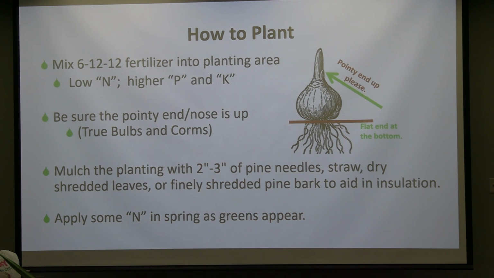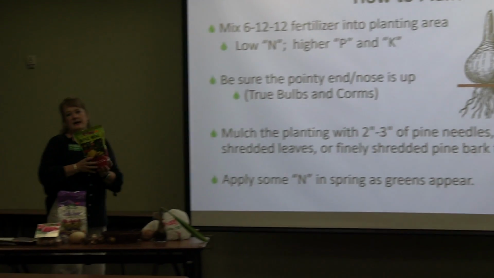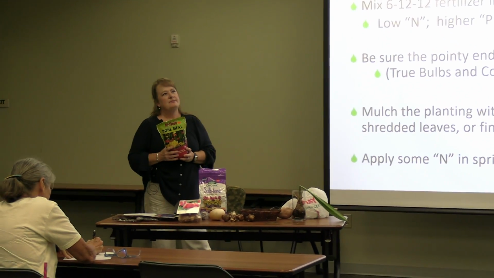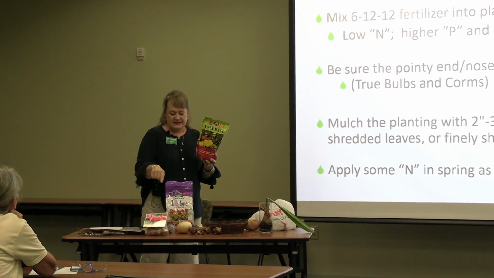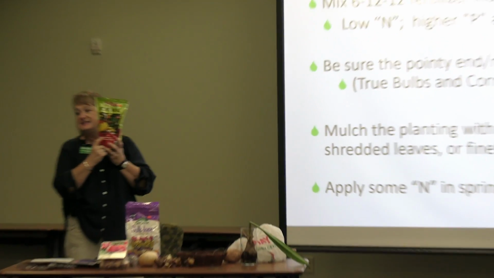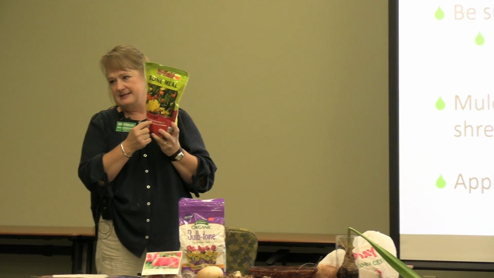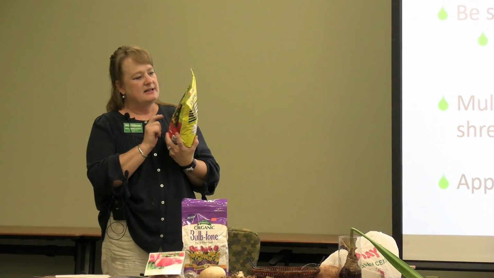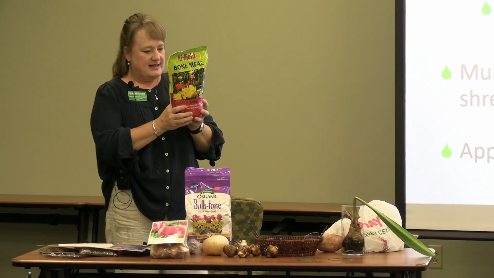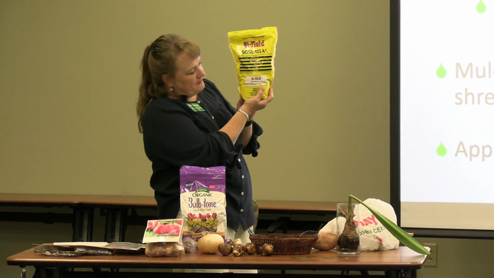Then also, another thing that you can get is bone meal. Now, I've always heard bone meal, you wouldn't need to add these two together, but if you notice, bone meal is 0-10-0. So that is the only thing that has in it is the phosphorus. So that was interesting to see, and you can see it better from here.